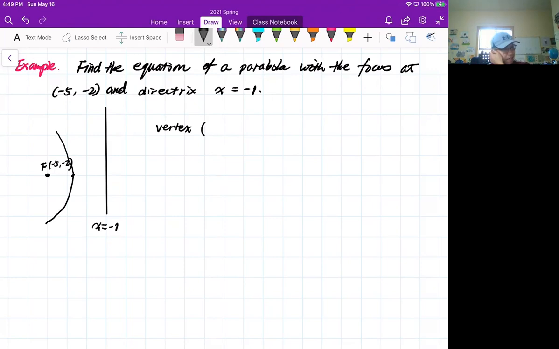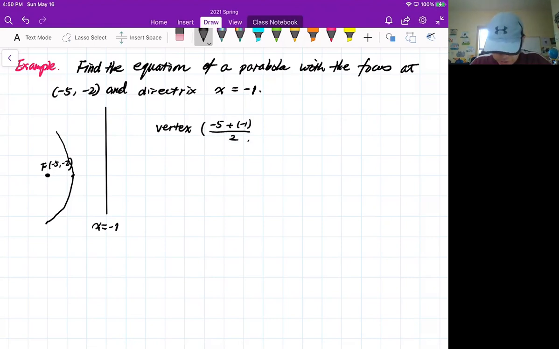Think of that for a couple of seconds. The vertex is just in the middle between the focus and the directrix. So I know that the x value will be -5 plus -1, divided by 2.